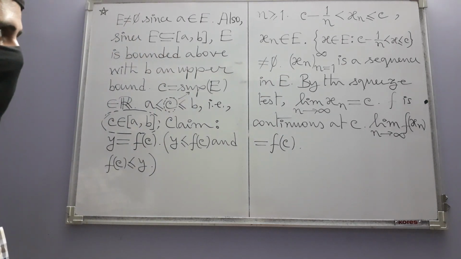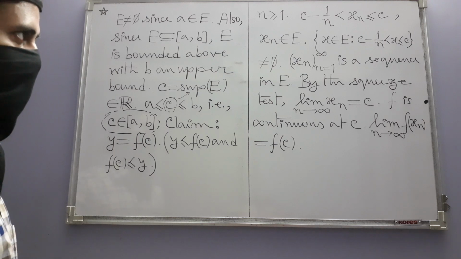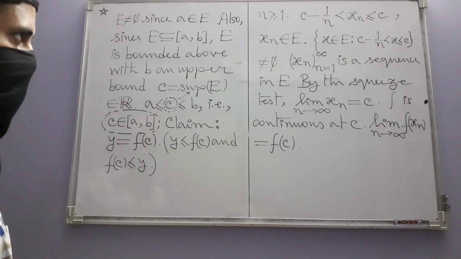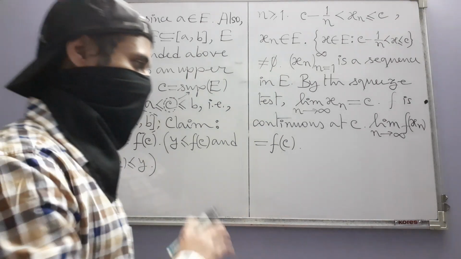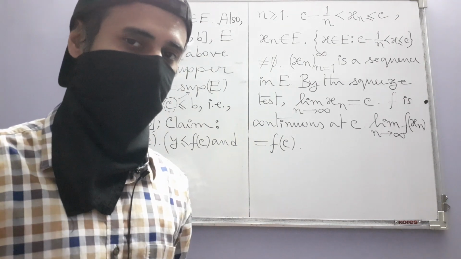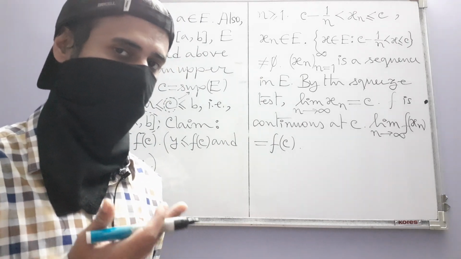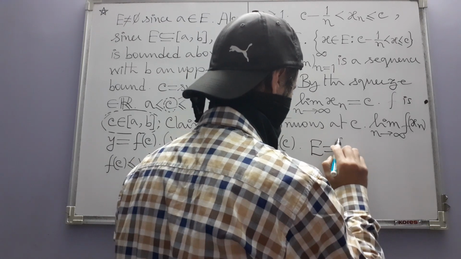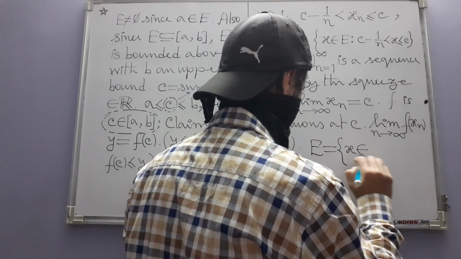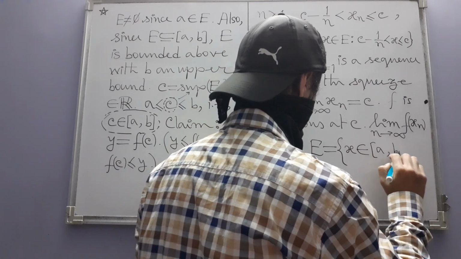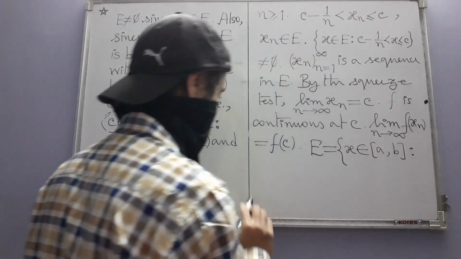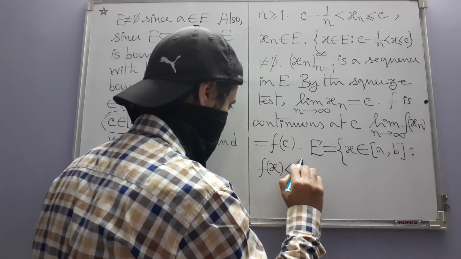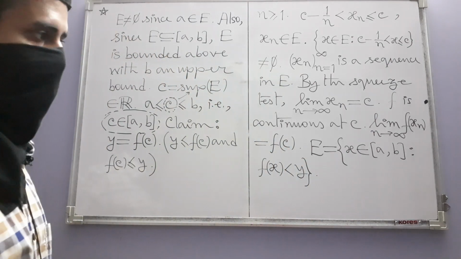Okay. But now let us go back to the definition of e. What was e? Let's just recall that. e was the set of all x in a comma b such that f of x is less than y.